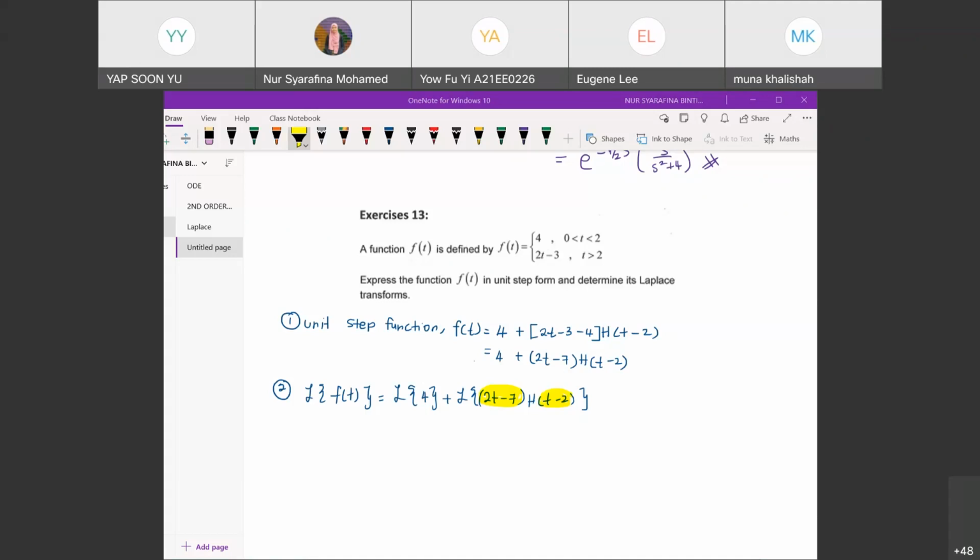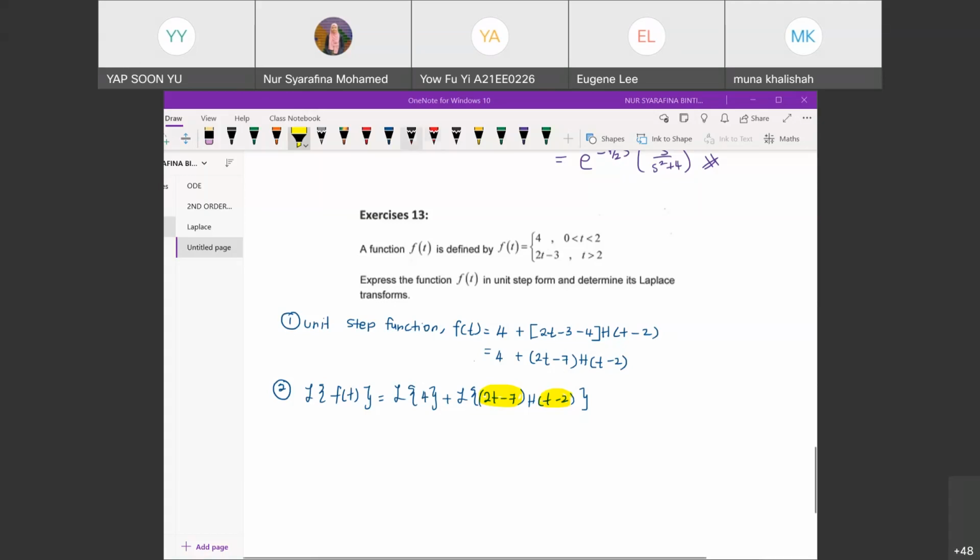Or you want me to explain again how to convert to make it a similar term? Oh, you want me to explain?